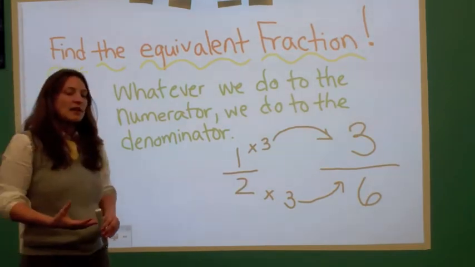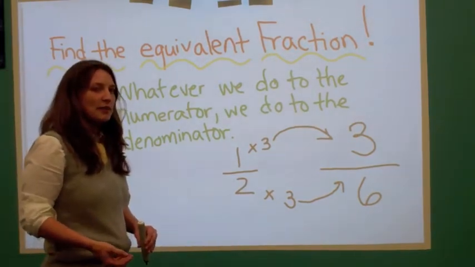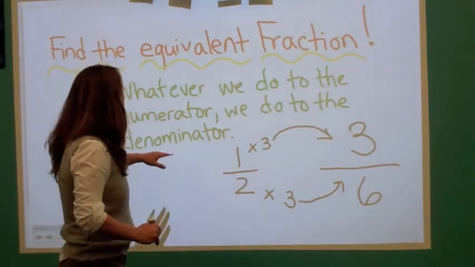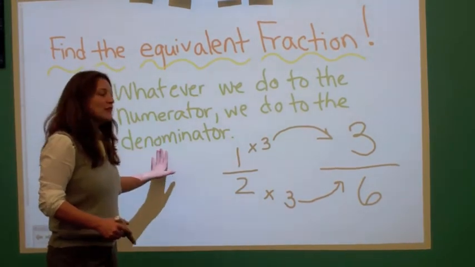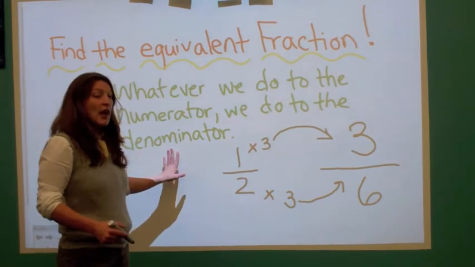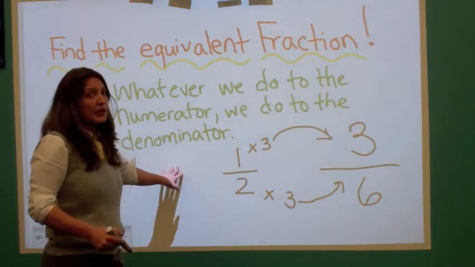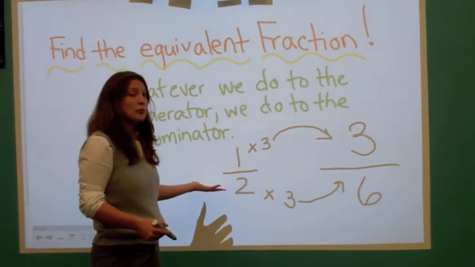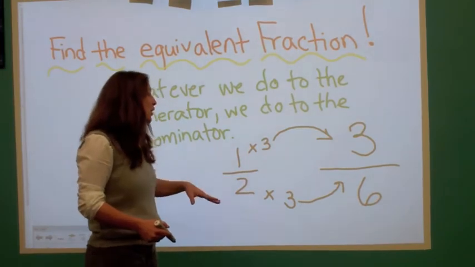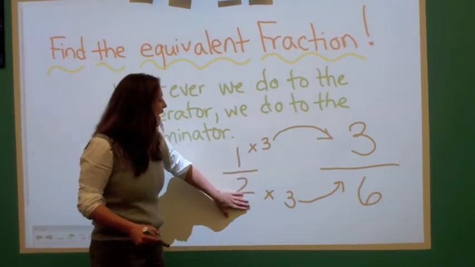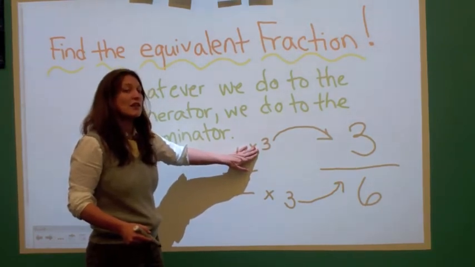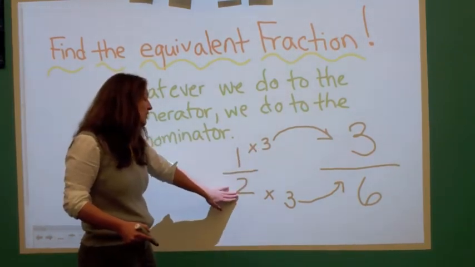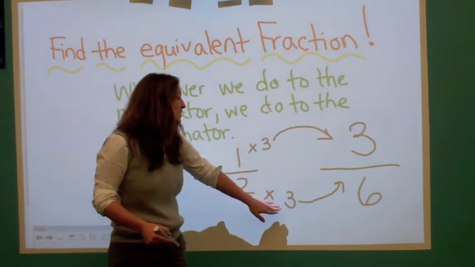When we're finding the equivalent fraction, we have to remember that whatever we do to the numerator, we have to do to the denominator. And whatever we do to the denominator, we have to do to the numerator. For example, if we were trying to change 1/2 to find its equivalent fraction, I would multiply 2 by something.